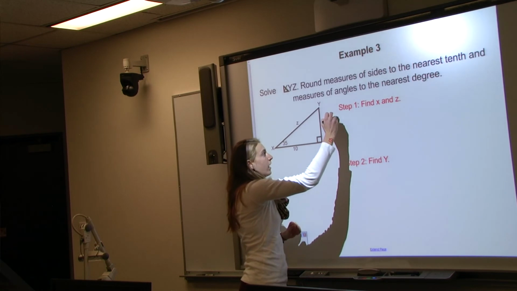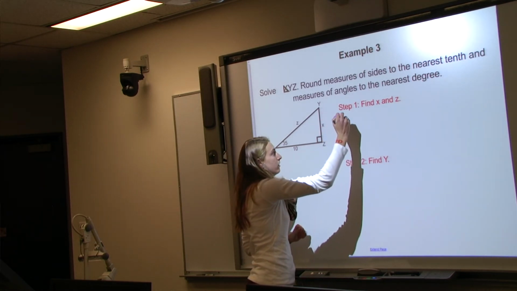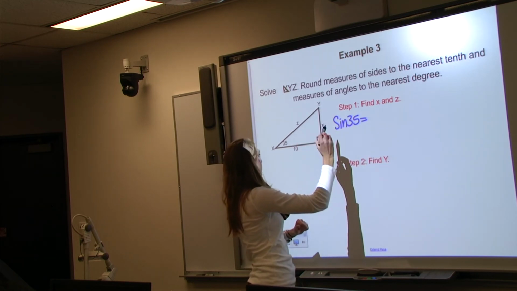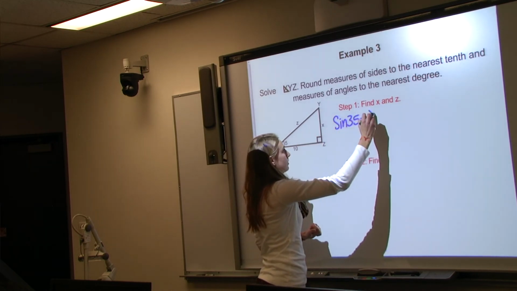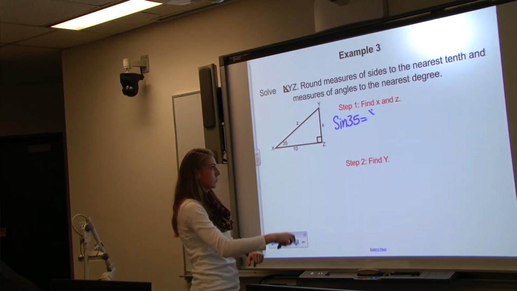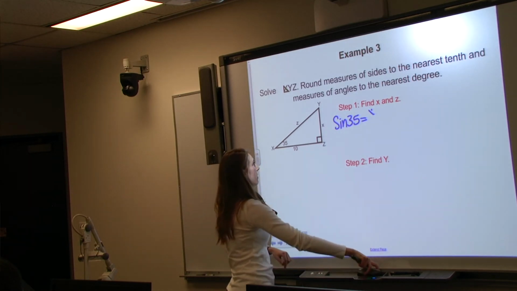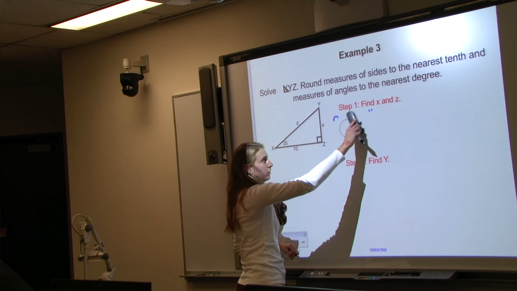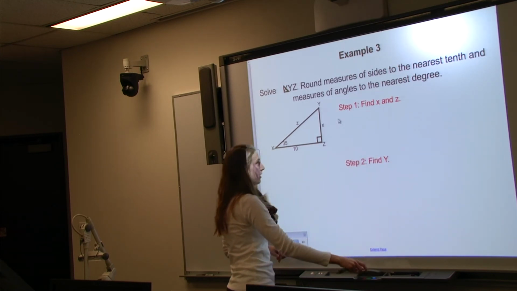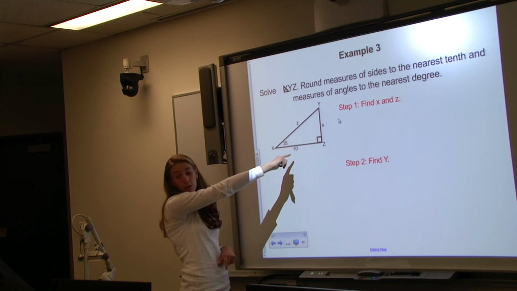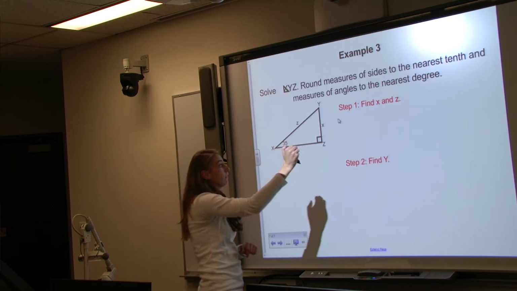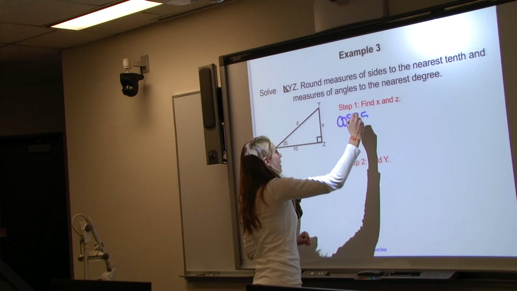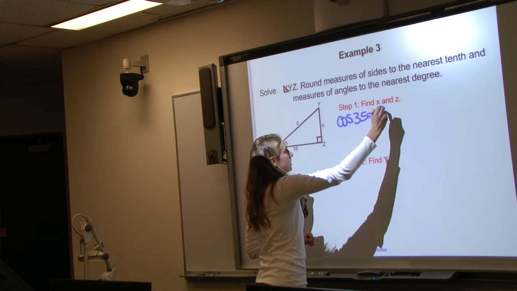So sine of 35 equals x over, whoa. Back it up. Sorry. That might be a little hard to do because we're using two variables. So let's restart. Let's find the cosine because we have an adjacent already. Cosine of 35 equals 10 over x.